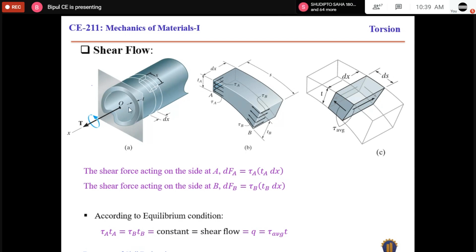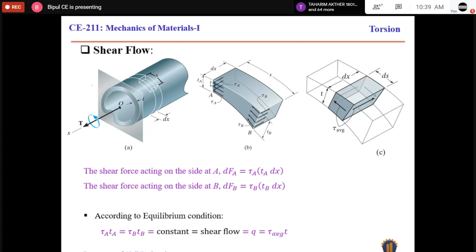This structure is subjected to a torque T, so shear stress will be developed here. We can assume the thickness is not constant along the perimeter; along the perimeter, the thickness is varying.